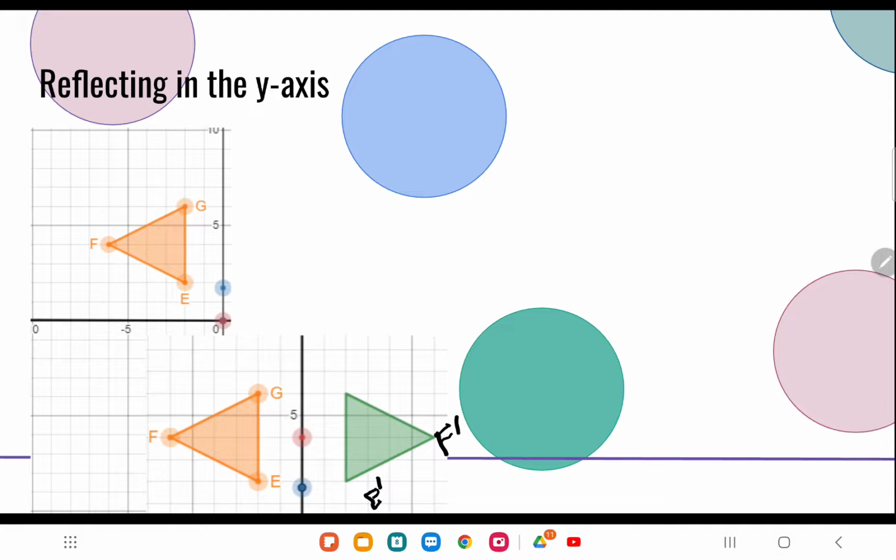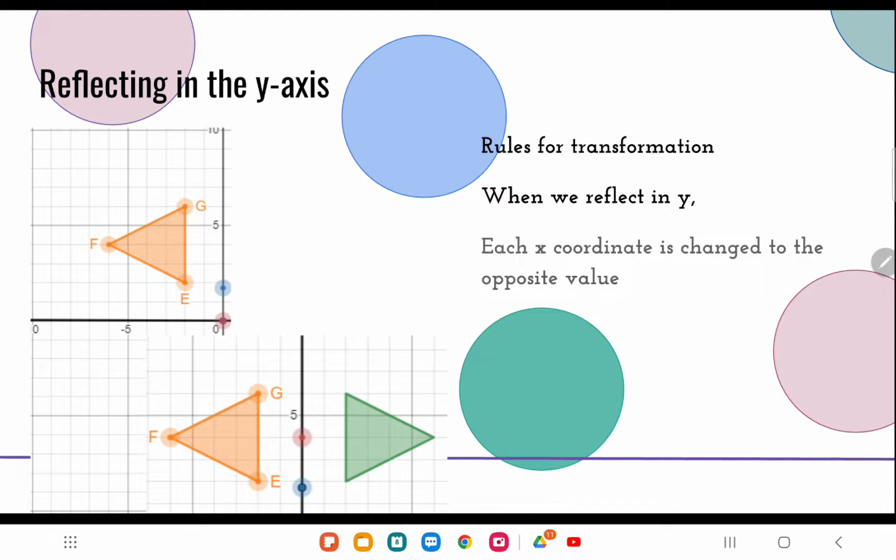F prime has changed from negative 6, 4 to positive 6, 4, and G has changed to G prime at 2, 6. So here, the x coordinate has changed, but the y coordinate has remained the same. Therefore, our rule for transformation is that when we reflect in y, each x coordinate is changed to the opposite value. So x, y changes to negative x, y.